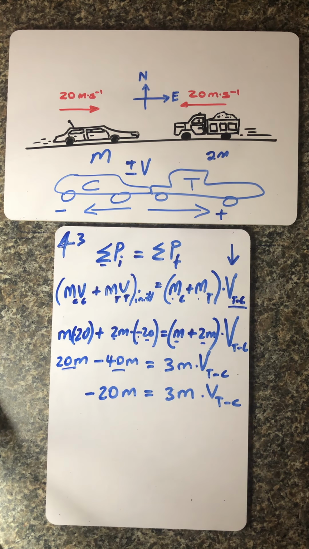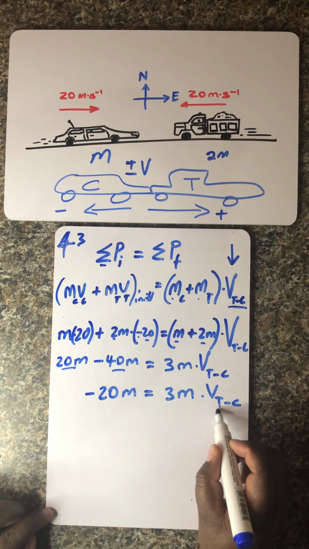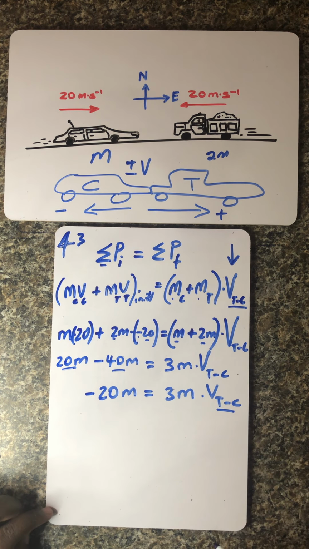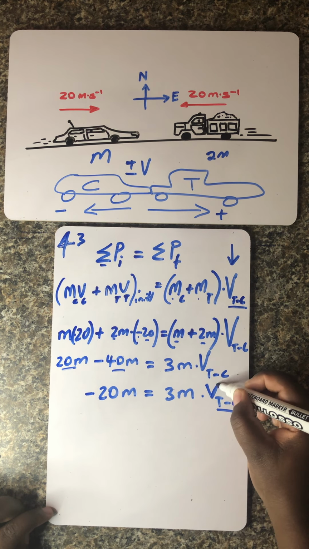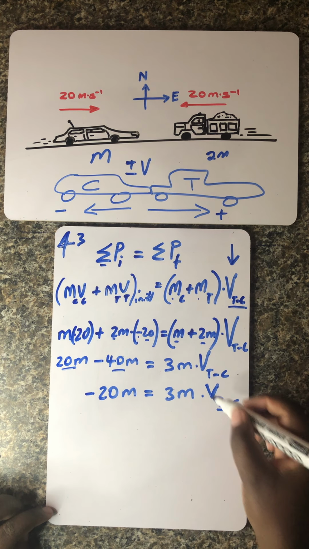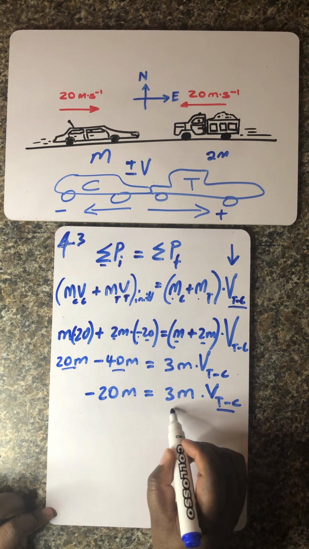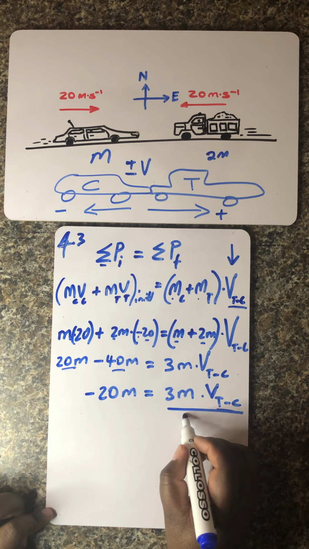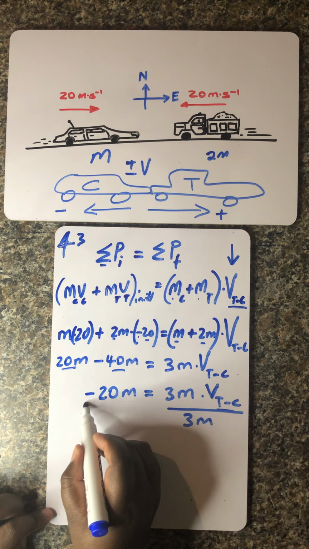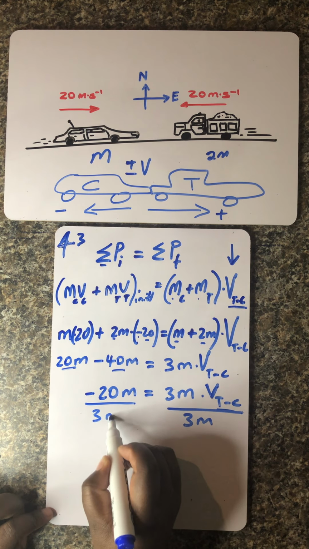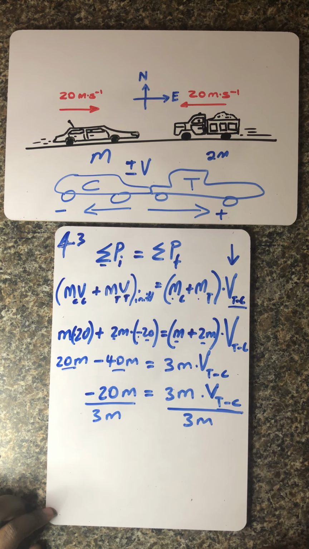Guys, I'm sure at this stage you fully understand this mathematical procedure. Because this is what you're calculating for, this is what the question wants you to calculate, the velocity of the truck-car system. So you obviously divide by 3m on both sides.